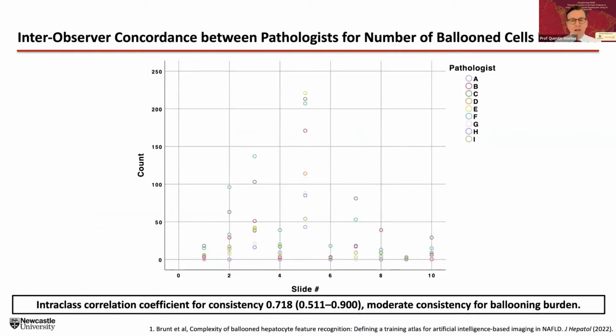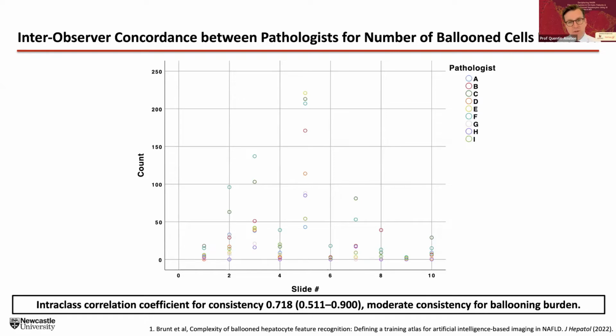What did we find? Well, over those 10 biopsies, as you can see here on this graph, there were substantial differences in the number of balloon cells that each pathologist perceived. Now, I should say at this point that the slides they were presented with, we believed, based on a single pathologist's opinion, demonstrated a spectrum from simple steatosis to very active steatohepatitis.